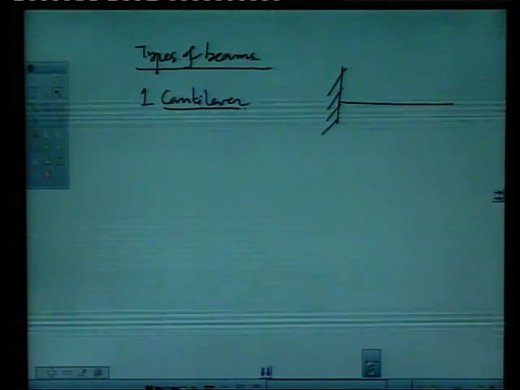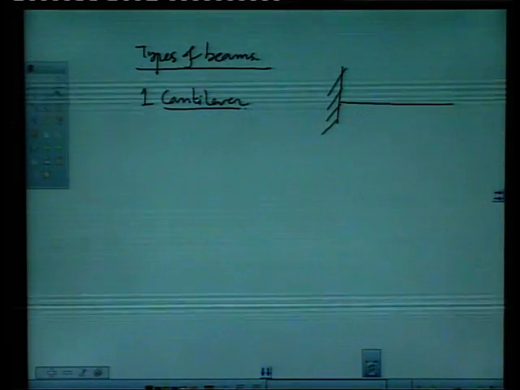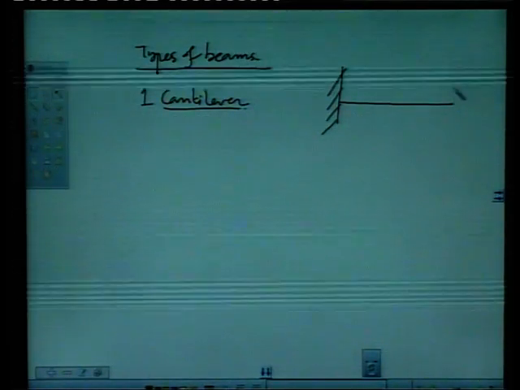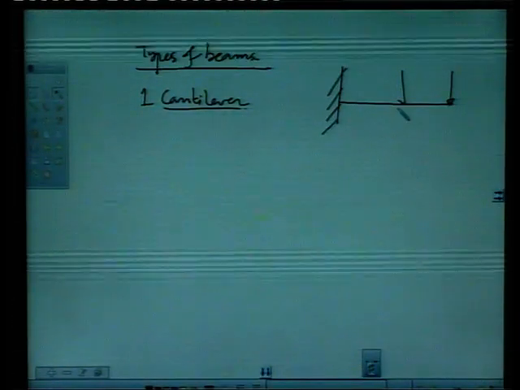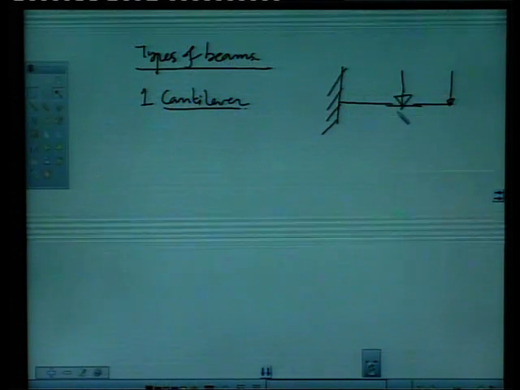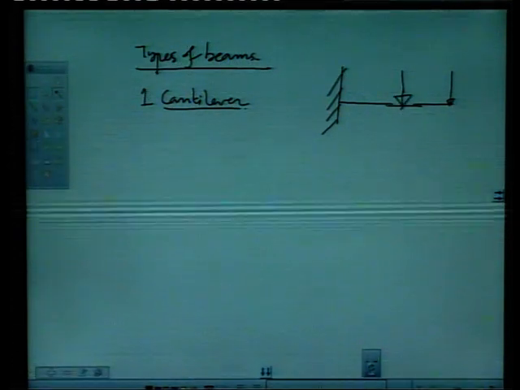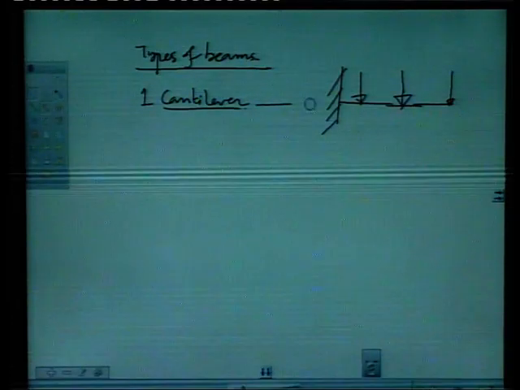On the free end we can apply the load, or on the length of the beam we can apply the load. So we can apply the load here. We can apply the load here. This is a cantilever.